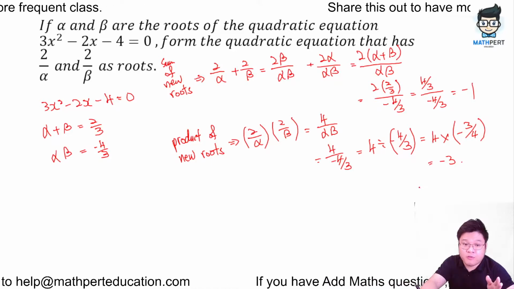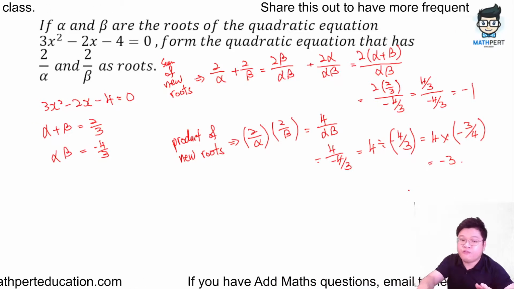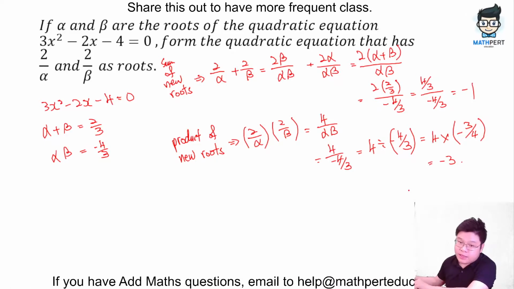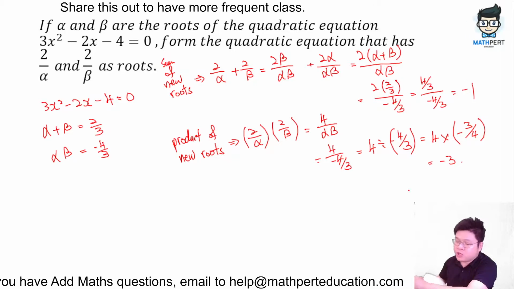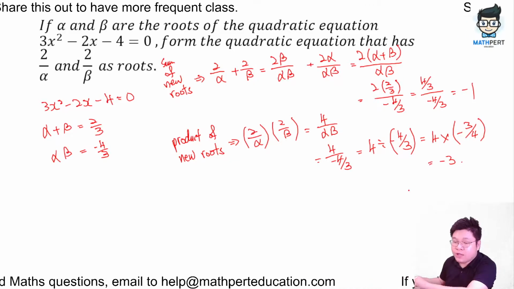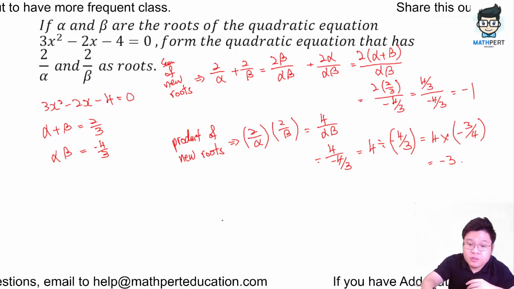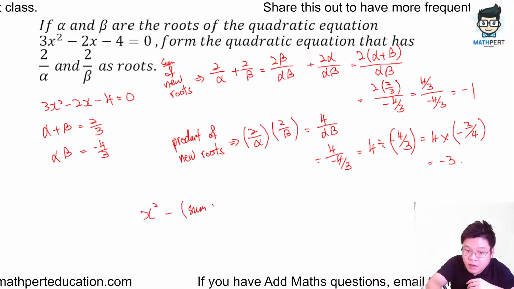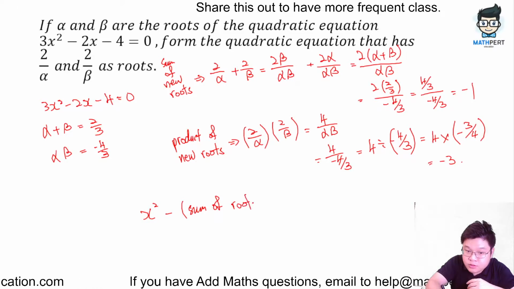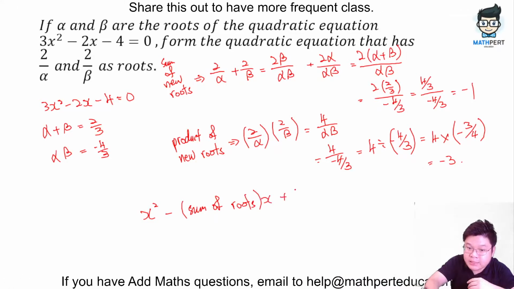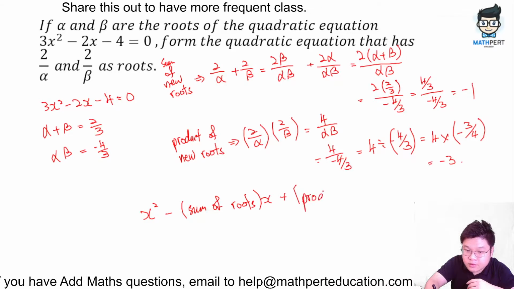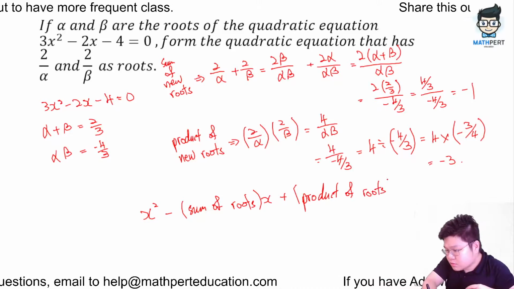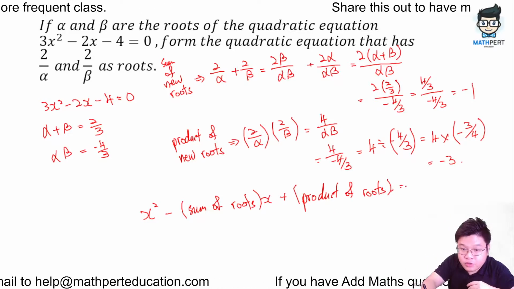So now we have the sum of roots and the product of roots. How do we form the new quadratic equation? Basically you have two methods, but because of time, I'm showing you only one method. x squared minus sum of roots times x plus product of roots is equal to 0.